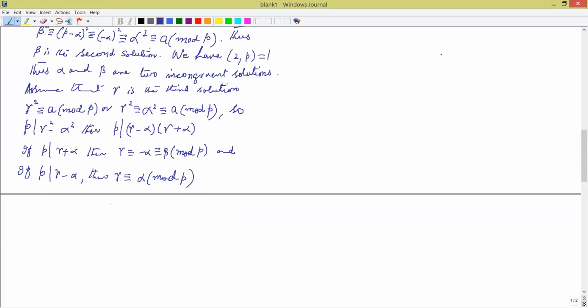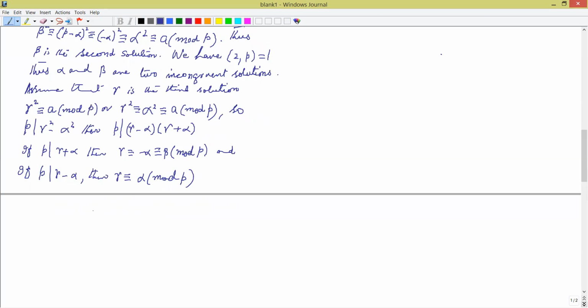So there are exactly two incongruent solutions of a quadratic congruence if the quadratic congruence is solvable.